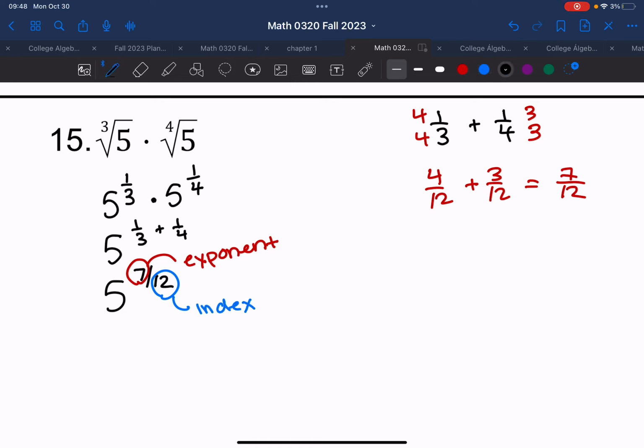So that means we would write this as the 12th root of 5 to the 7th power. This is our answer. So if we have different indexes, then we need to turn our radicals into exponents. Once we have a single exponent, we can turn it back into a radical.